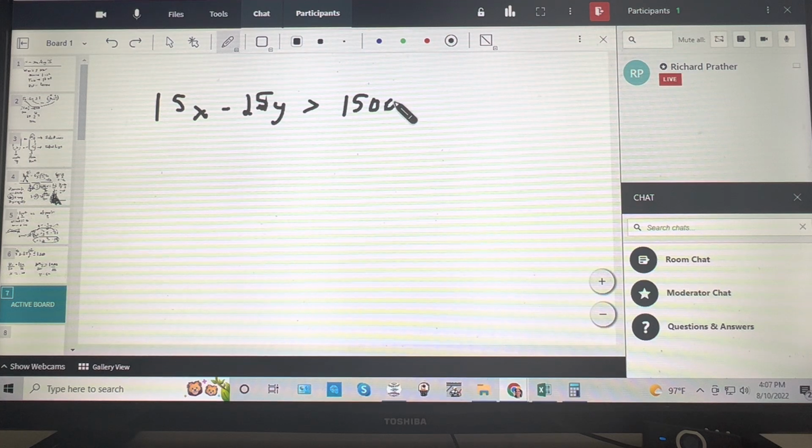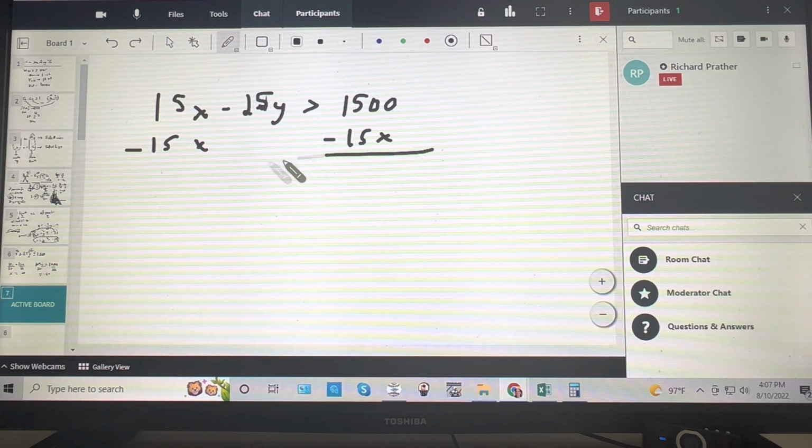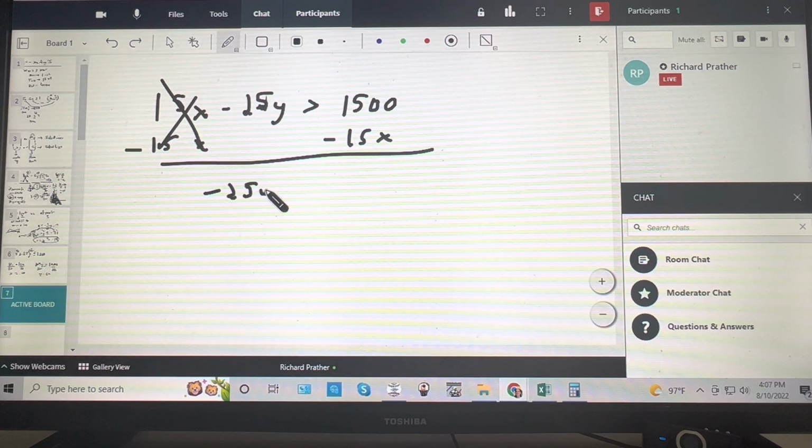but it's going to turn out to be downward again, because if I subtract 15x, negative 25y, and I always put the x part first and then the number last, so that way it looks like mx plus b. Here it is. I'm dividing by negative 25.